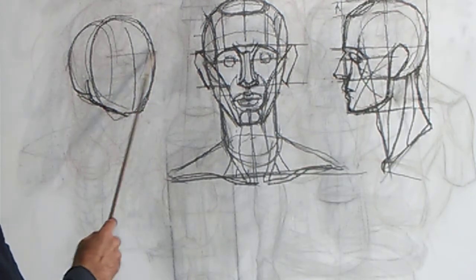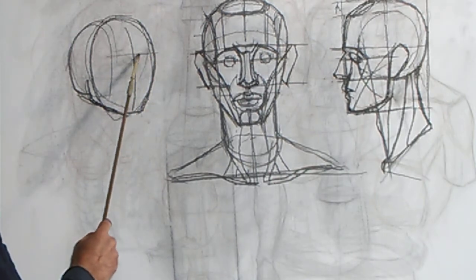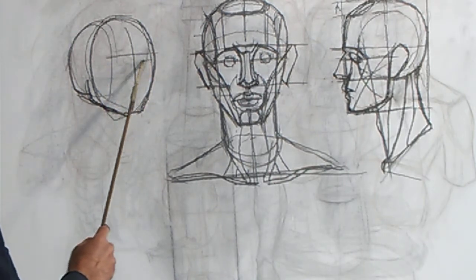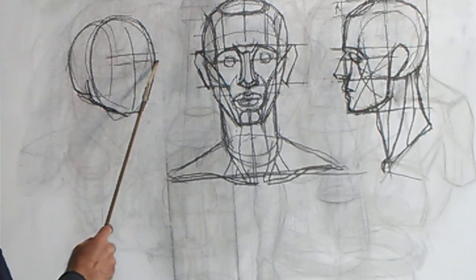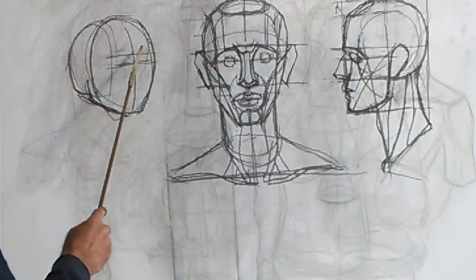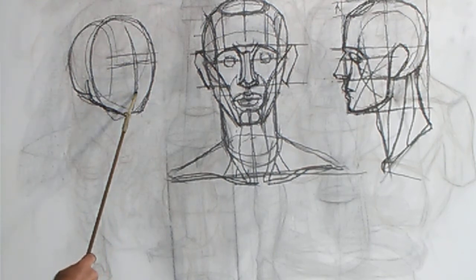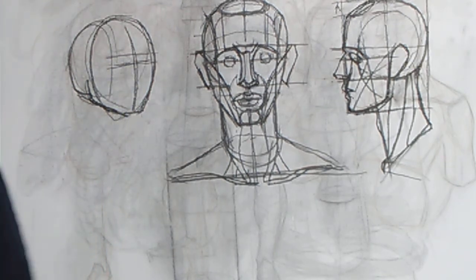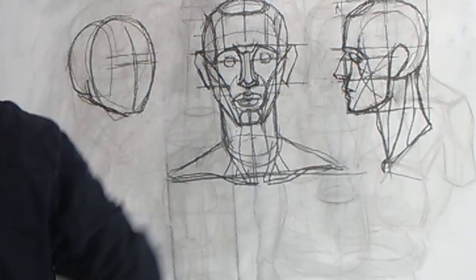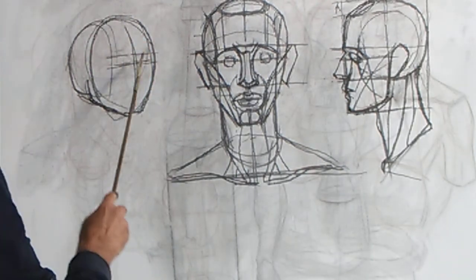If we start it like this, and I'm going to find the center of the eyes. And what we're going to do is we're going to put a point. I'm going to turn this just a little more. We're going to put a point here.